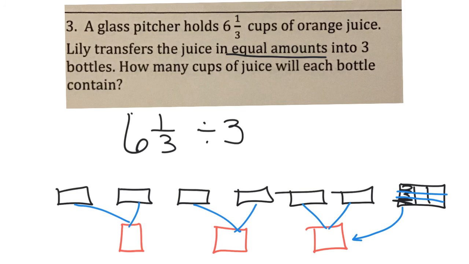So I can see that they each would get 2 whole cups, and then they're each going to get 1 piece. So that would be 1 out of, and you have to count the total number of spots that you've cut. Even though we don't have this, it's of the whole would be 1 out of 9. So this would be 1/9. So each bottle is getting 2 1/9 of that.